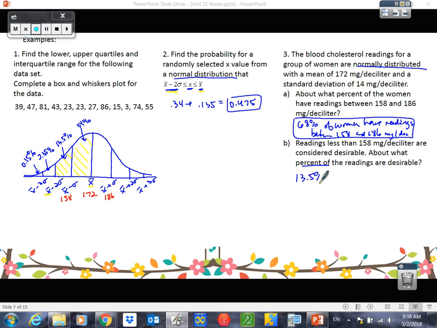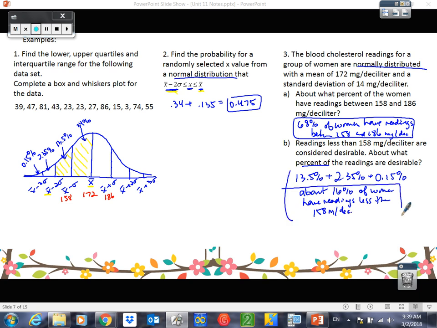13.5% plus, then we would have 2.35% plus, and then we would have 0.15%. So we add all that together, and we would say about 16% of women have readings less than 158 milligrams per deciliter.